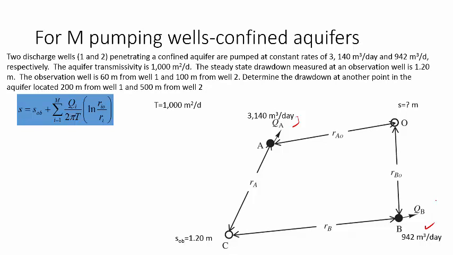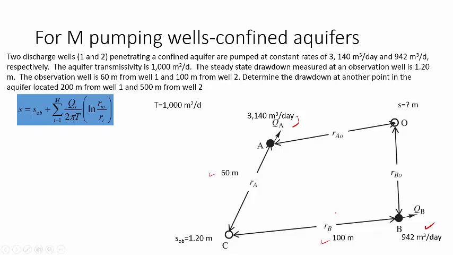The aquifer transmissivity is 1,000 square meters per day, and the steady state drawdown measured at an observation well is 1.2 meters, and this observation well is 60 meters from well 1 and 100 meters from well 2.